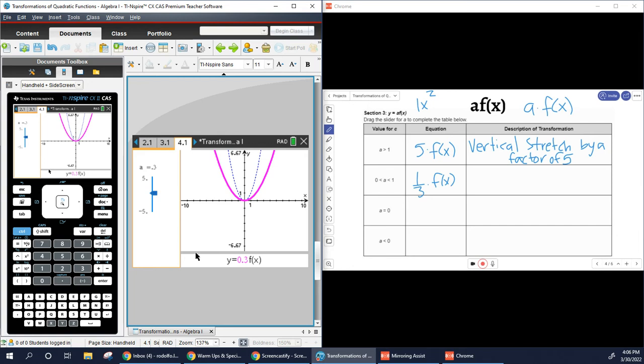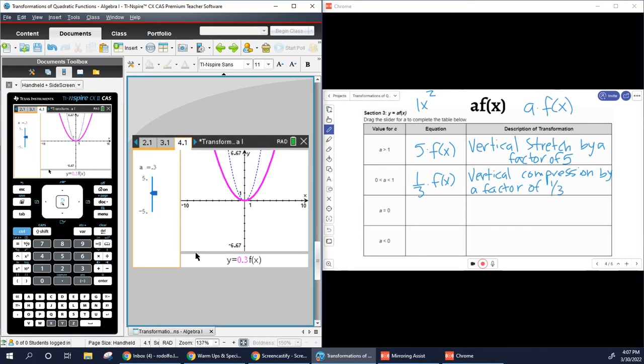Your age is going to get smaller, right? It's going to get what we call a vertical compression, or wider, by a factor of 1/3.